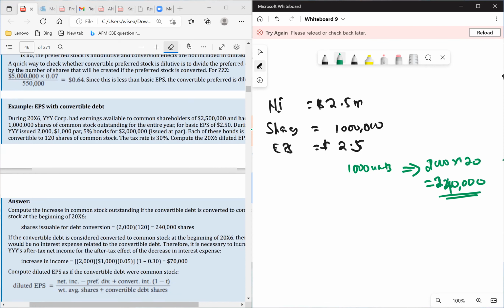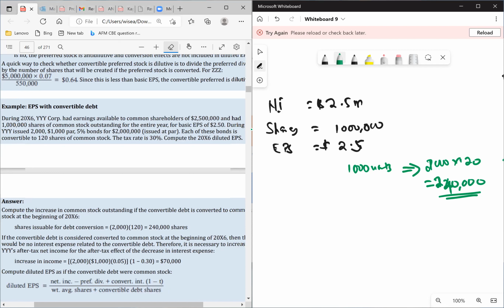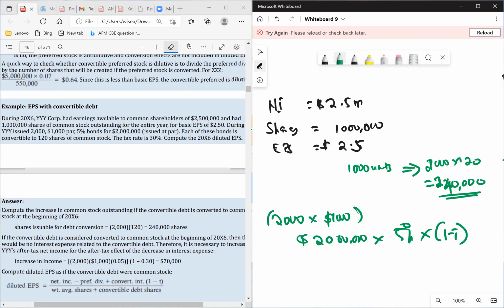Then the numerator, the interest payable on the bond. The interest is always paid on the par value of the bond. There were 2,000 bonds at $1,000 par value, which will give you $2 million. Then times 5%, then times 1 minus T. That's what will add to the 2.5 million.